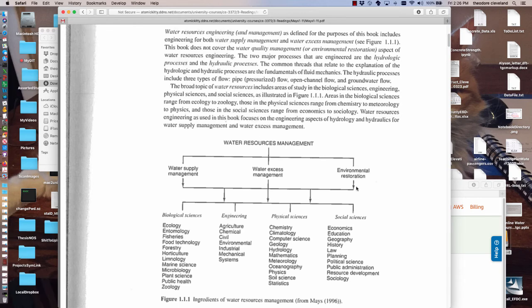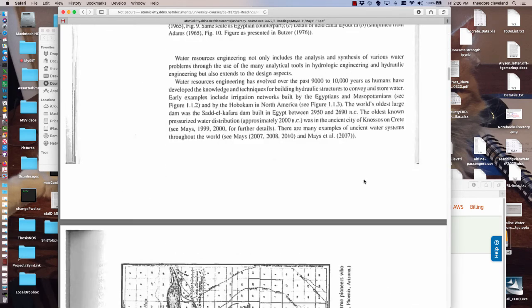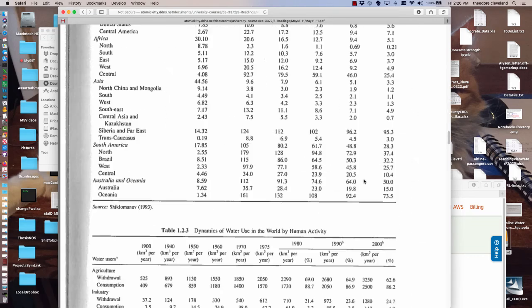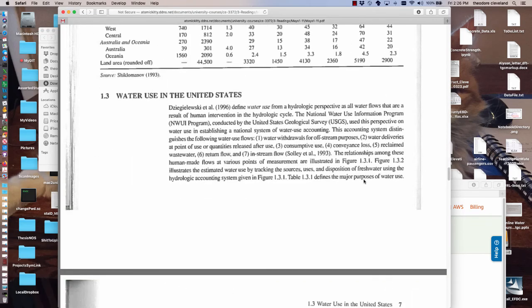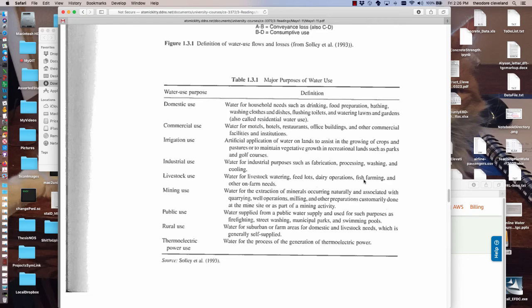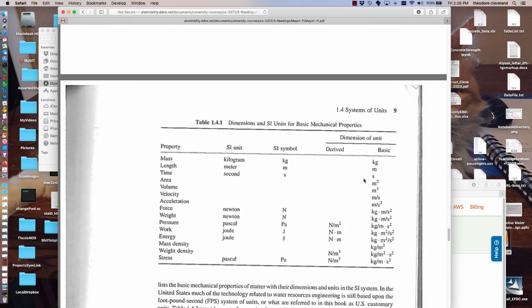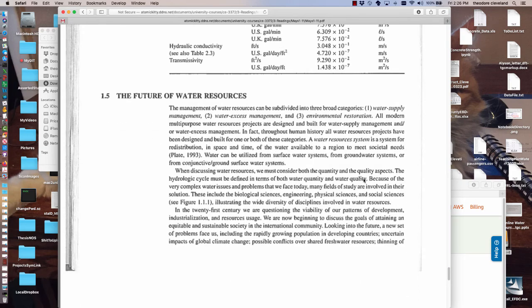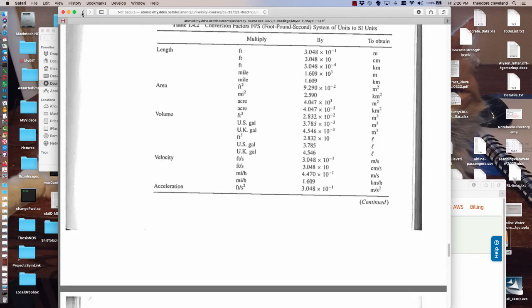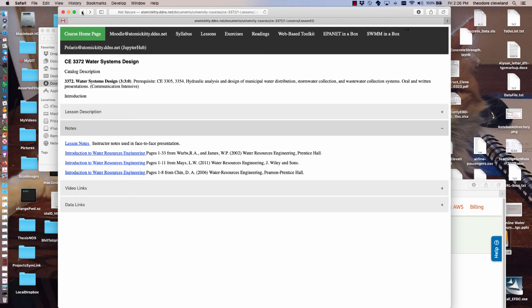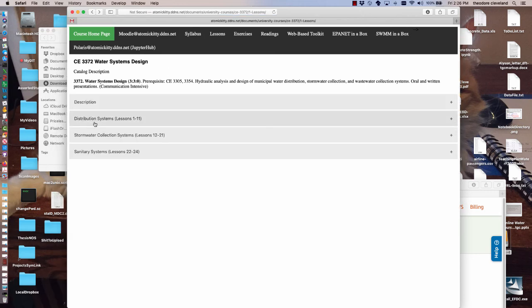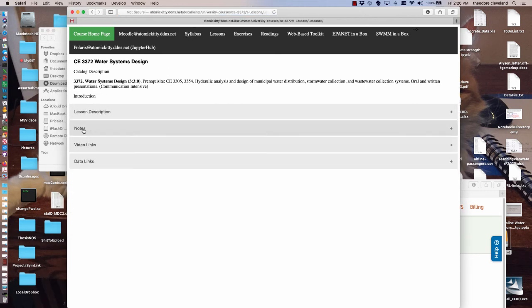Right here, where he describes environmental restoration, and I think the rest of this is mostly history, and then water use in the United States. Yeah, there's not a whole lot on restoration from a concise context. So let's return to the presentation.